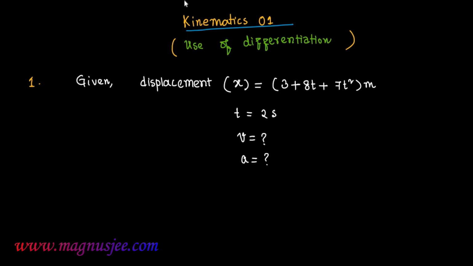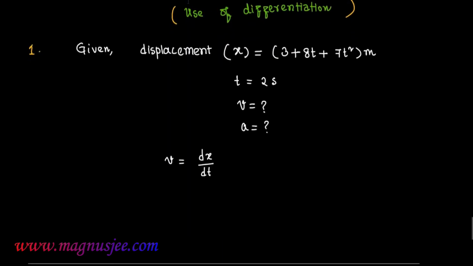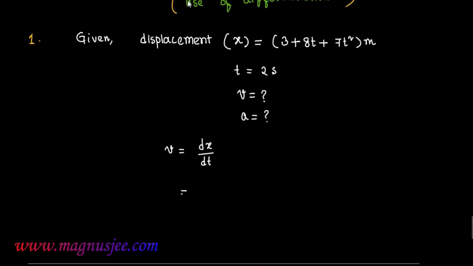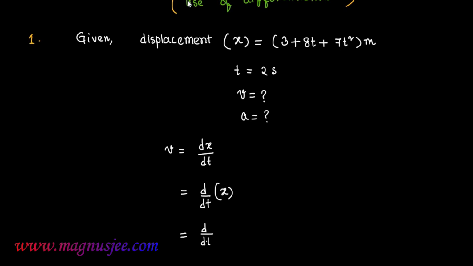First of all, we know that velocity is equal to dx by dt. That is the expression of instantaneous velocity. We can write d/dt of x. Below this, what we can write, d/dt of x is 3 plus 8t plus 7t square.